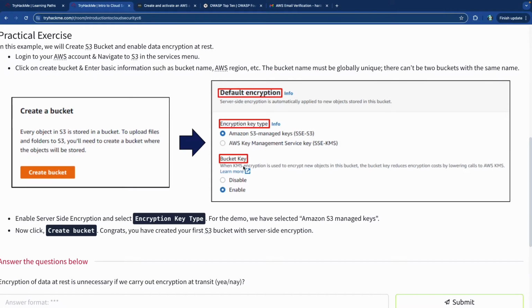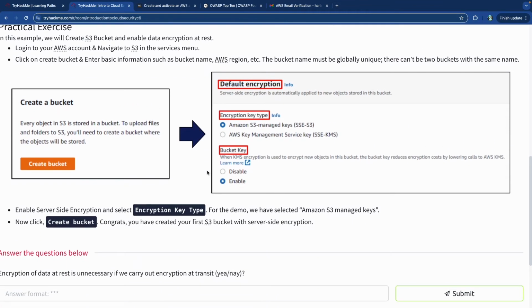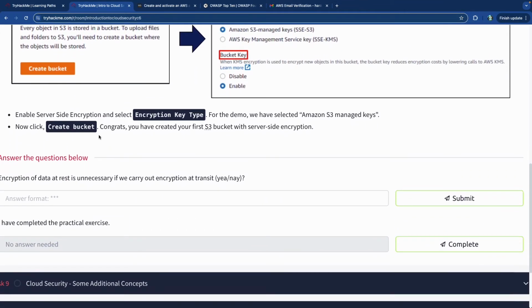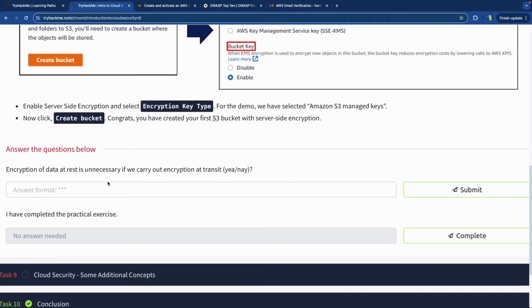And then the bucket key is enabled. You just want to make sure that you enable your bucket key so that it encrypts your data bucket. And then enable server-side encryption and select the encryption key type. For the demo, we've used the S3 managed keys. And then you create the bucket and you have your first S3 bucket.